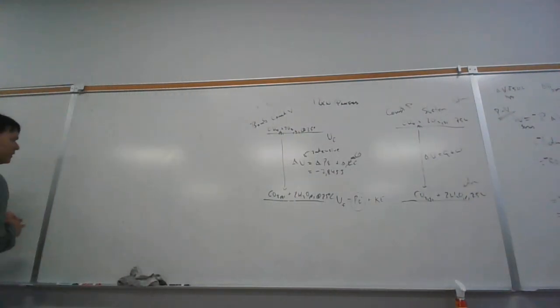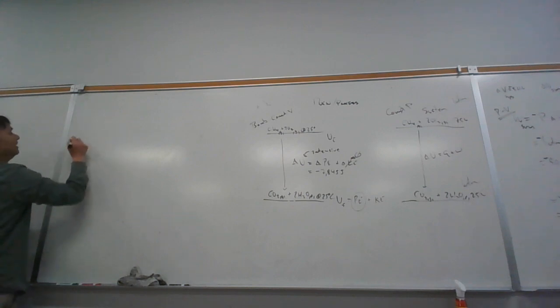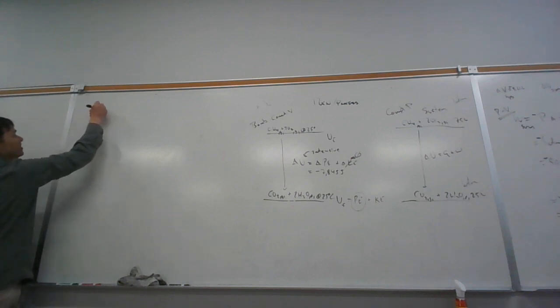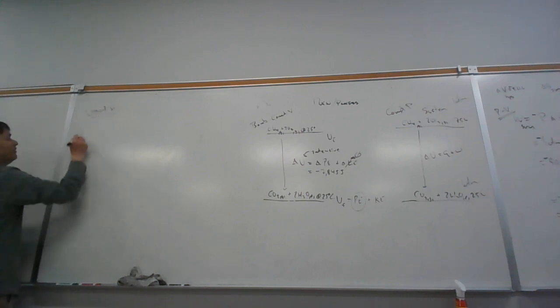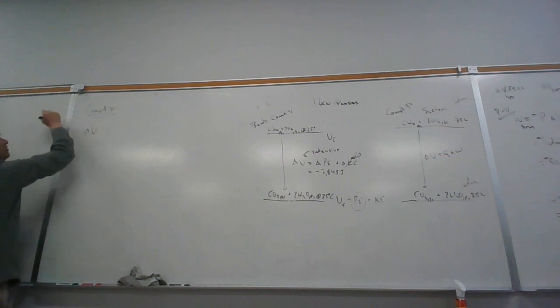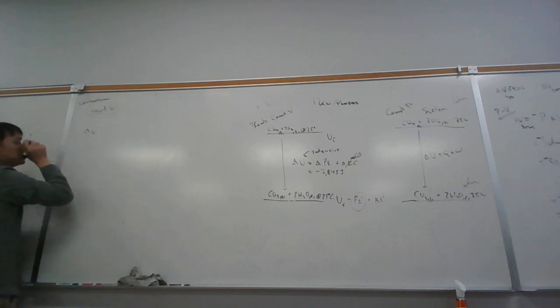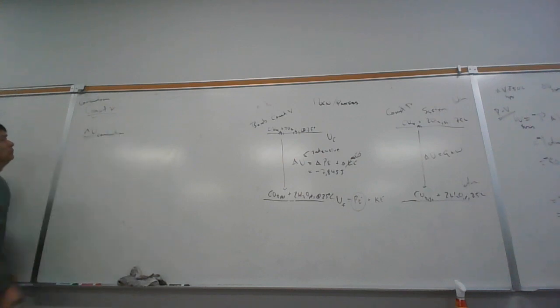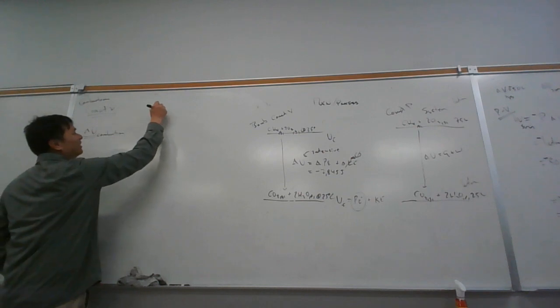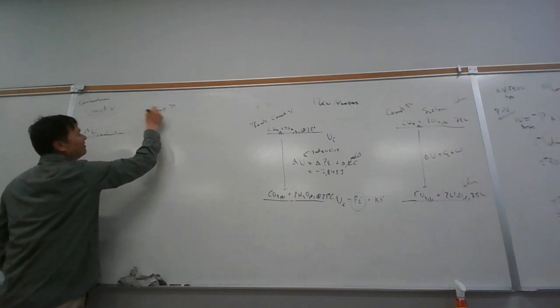And so the way we're going to take care of this is this. If we're dealing with things under constant volume, then this is combustion. If we're doing combustion under constant volume, then we want to use delta U combustion. If we're doing this under constant pressure, then we have a new symbol.